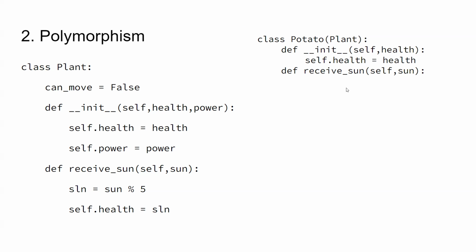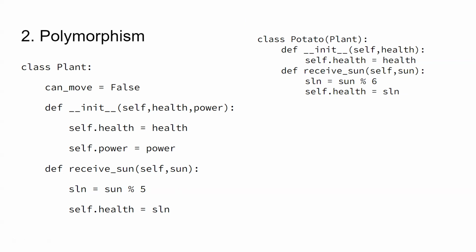It's unnecessary though. And I also define receive_sun with self and sun, and then the health becomes self.health plus sun mod 6, and this one is mod 5. Well, I'm not sure what that does, but I guess it's how to recover the potato or make a new potato using how many suns.